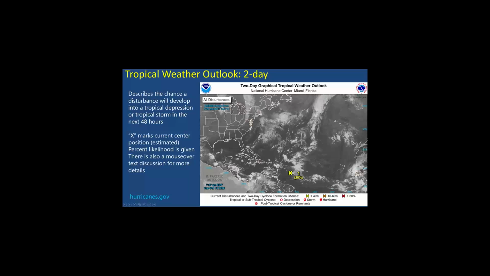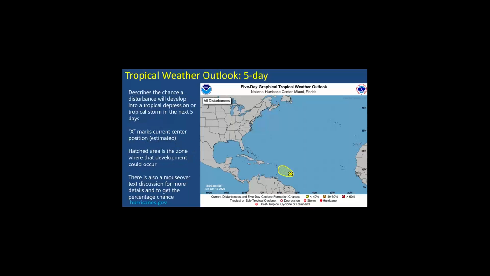So that one we saw approaching the Lesser Antilles, as of 8 o'clock this morning, they were giving it a 20% chance of becoming a tropical depression or tropical storm in the next 2 days. And so this is called the 2-day tropical weather outlook. I recommend looking at it every day at hurricanes.gov.